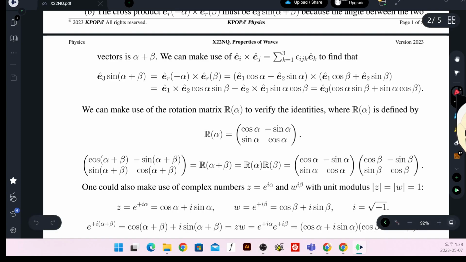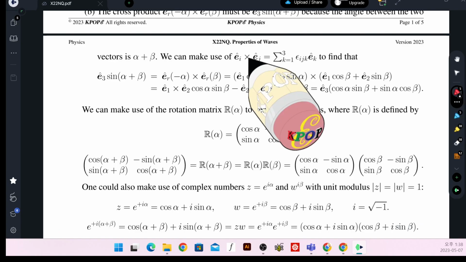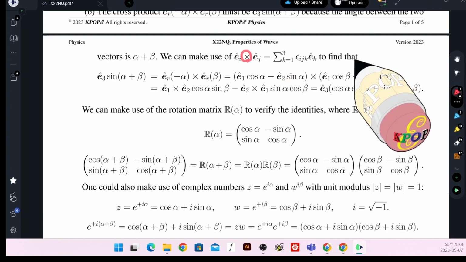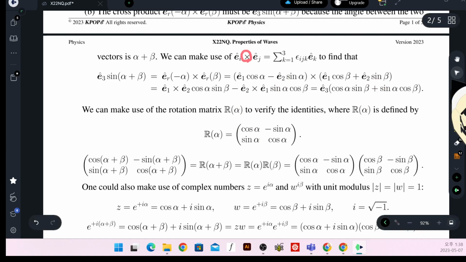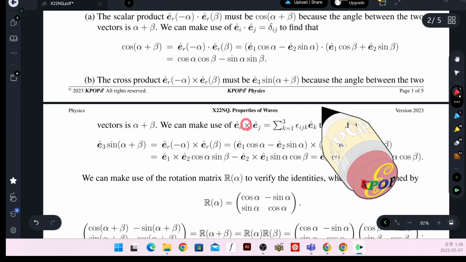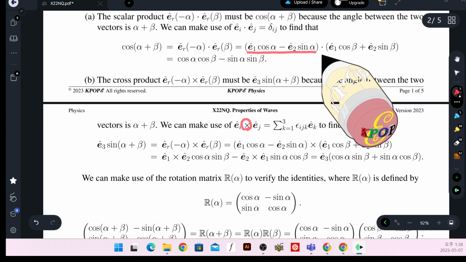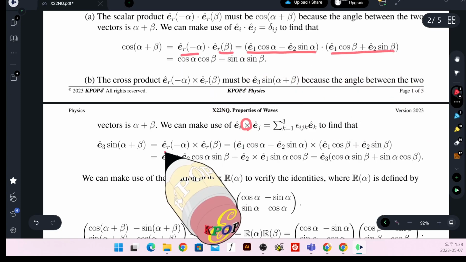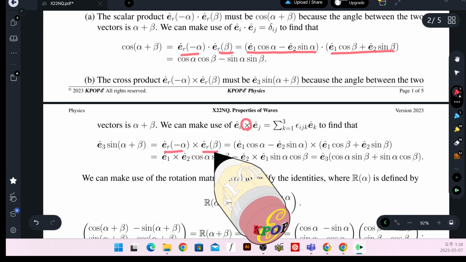Okay, I just have corrected this. This is a cross product instead of the scalar product. So I have substituted these values for this and that in the cross product of the two vectors.